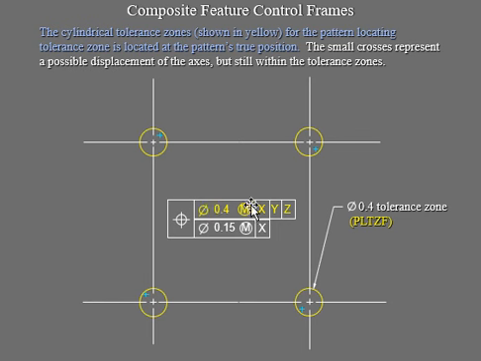Now you can move away, of course, within your cylindrical tolerance zone. These little small crosses, see that? They can vary in that zone, which is your tolerance 0.4, but it has to be within that tolerance zone and can't go out of it.